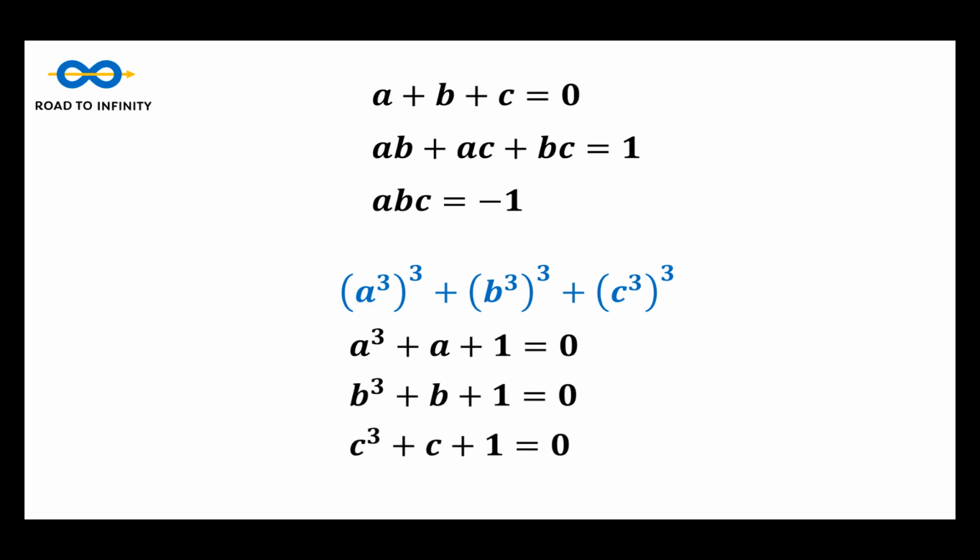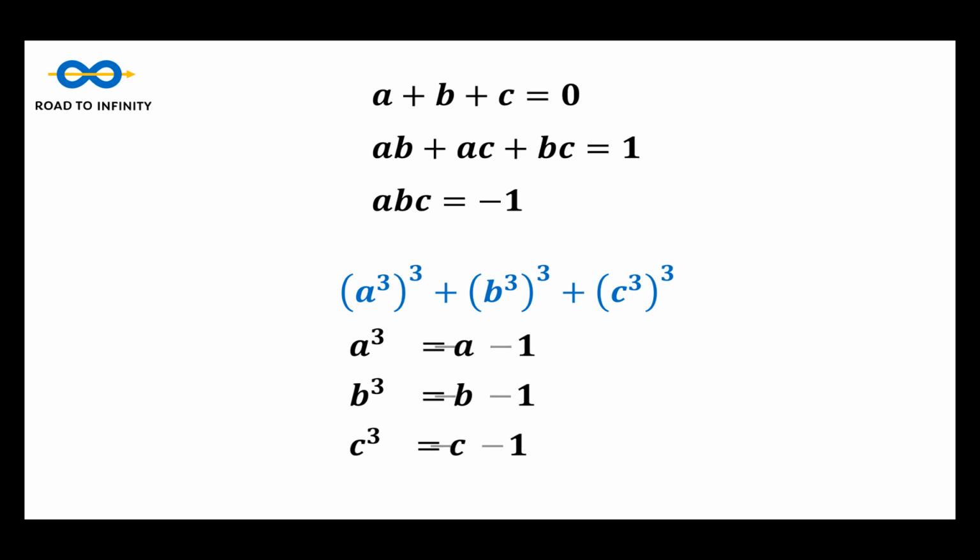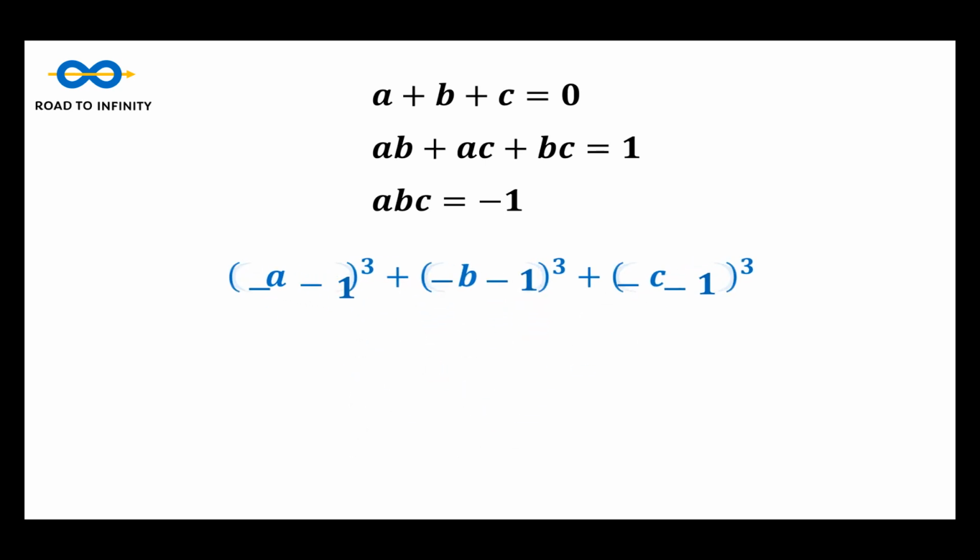Add to both sides of the three equations minus a minus 1, minus b minus 1, minus c minus 1, respectively. We get the expression of a to the third, b to the third and c to the third power in terms of a, b and c, respectively. Substituting it into the expression, we get minus a minus 1 to the power of 3 plus minus b minus 1 to the power of 3 plus minus c minus 1 to the power of 3.